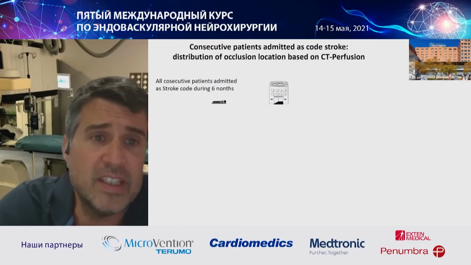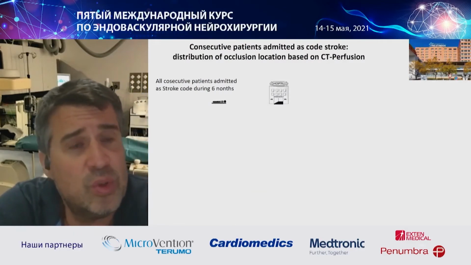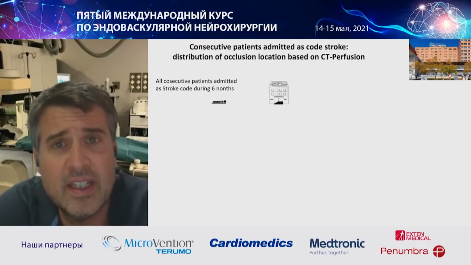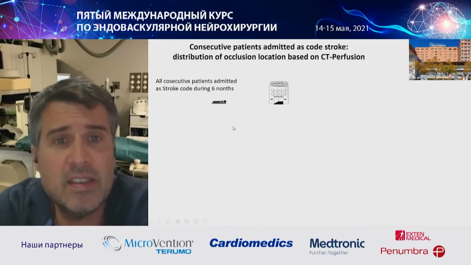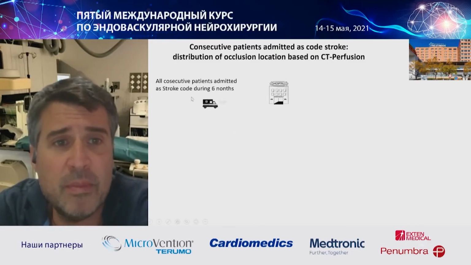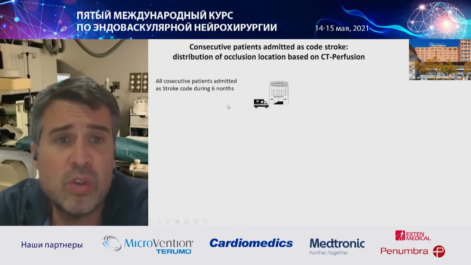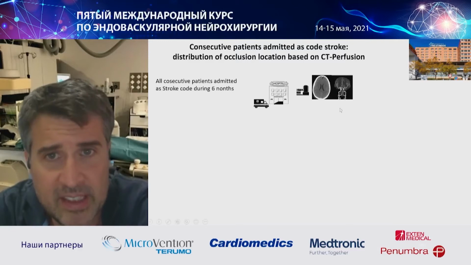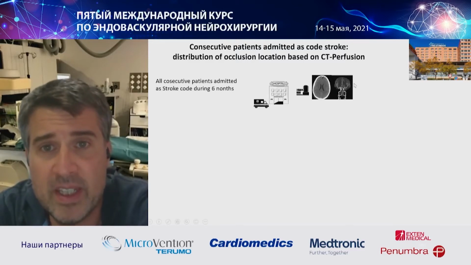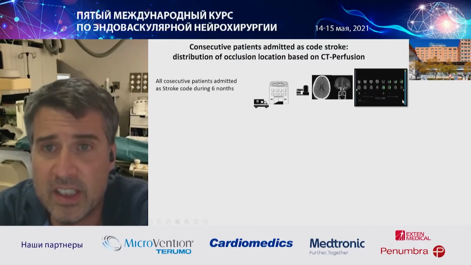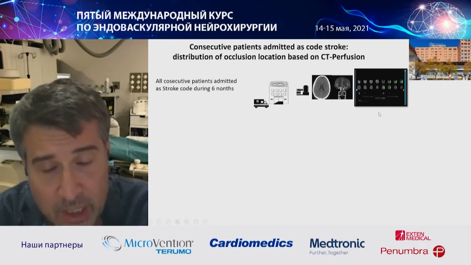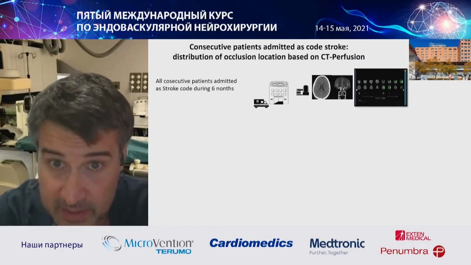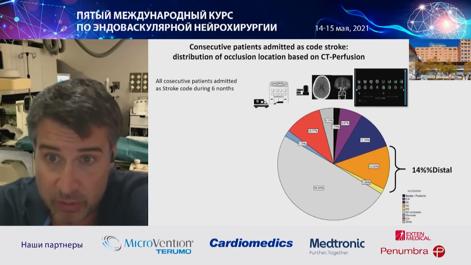So because of this, we decided to do a study in our hospital during 6 months. We decided that all comers, all stroke code comers would have basic imaging, and if there was no bleed, they would also get a CT perfusion independently of the time from symptom onset. And this is what we observed.